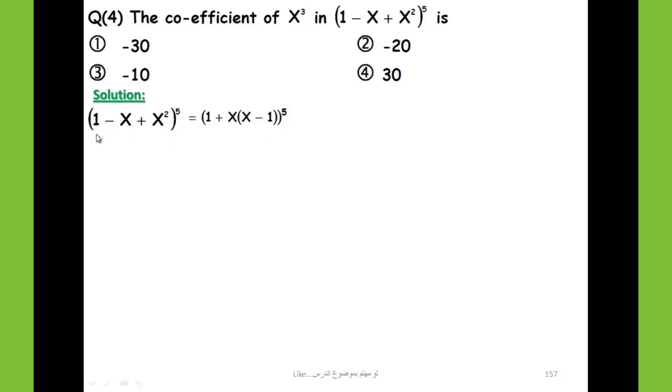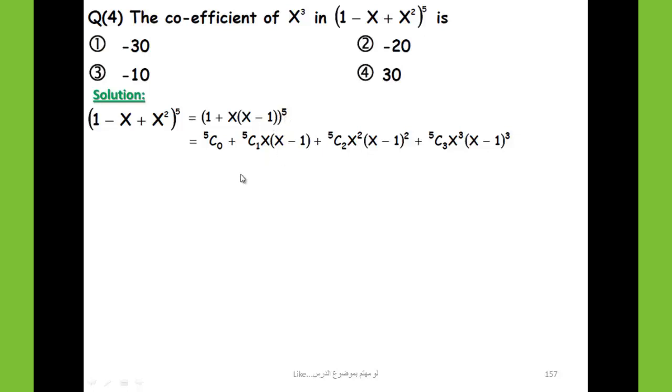So again, (1 minus x plus x squared) power 5 equals (1 plus x(x minus 1)) power 5. And we have to use the binomial expansion. Okay, so we have two terms. This is the first term, 1, and x multiplied by (x minus 1) is the second term, and n equals 5.